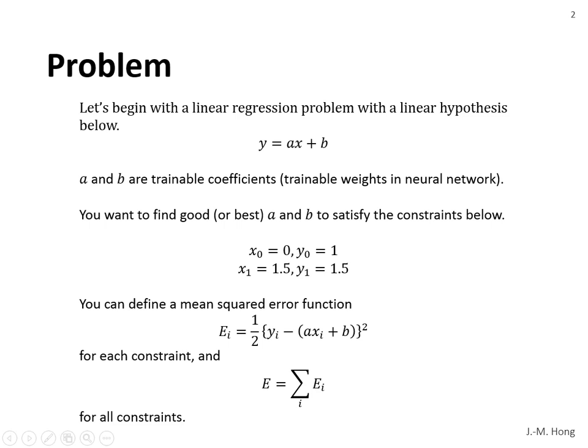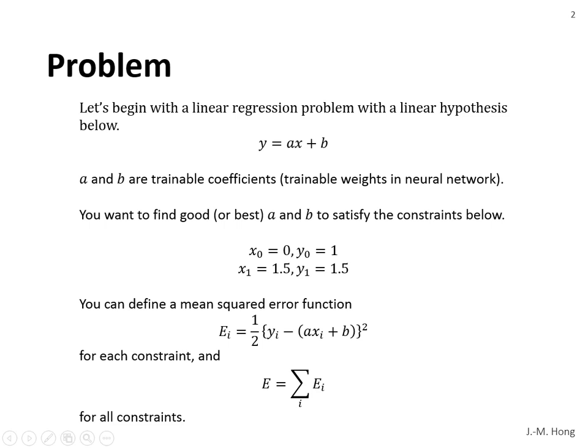The first one: when x0 is equal to 0, we want this linear hypothesis to output 1. The second constraint: if you input 1.5 to this function, then we want it to return 1.5.